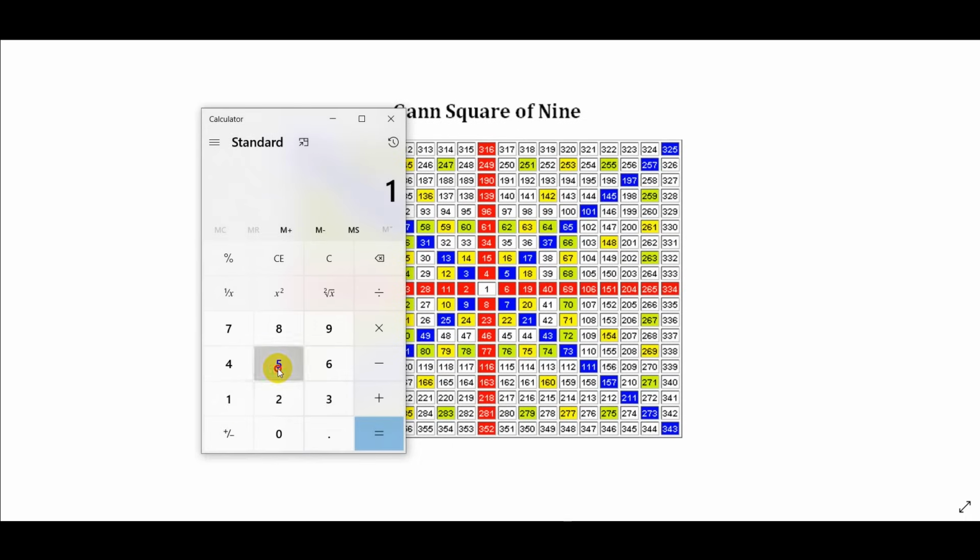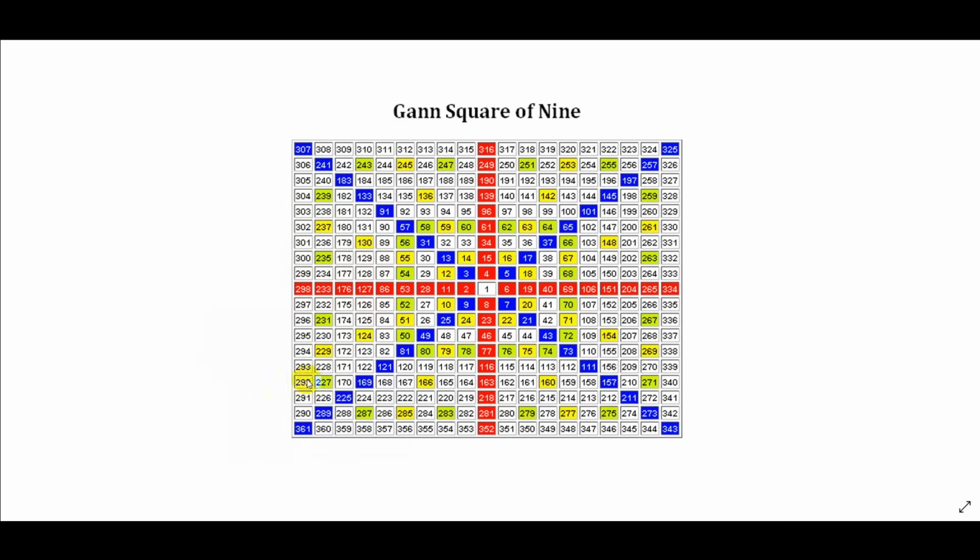So let's say 15, we're going to add 1 to it, 16. We're going to take the square, 256. It's actually right here. From 225, it has gone here to 256.